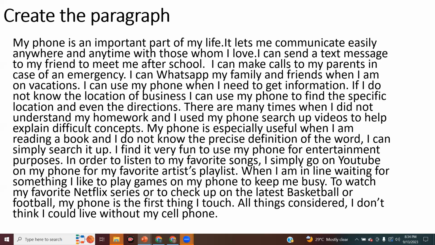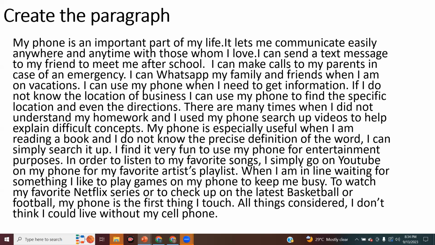Yes, sir. My phone is an important part of my life. It lets me communicate easily anywhere and anytime with those whom I love. I can send text messages to my friends to meet after school. I can make calls to my parents in case of an emergency. I can WhatsApp my family and friends when I'm on vacation. I can use my phone when I need to get information. If I do not know the location of a business, I can use it to find the specific location and even the directions.